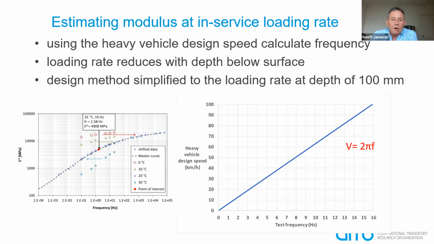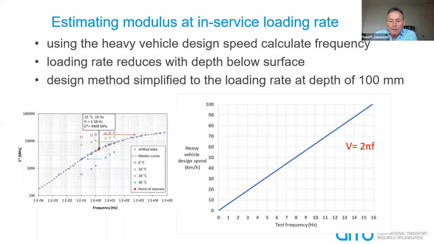Now, in terms of allowing for loading rate, we have a simple relationship shown on the right-hand side here to estimate the frequency of the sinusoidal test associated with a heavy vehicle design speed.